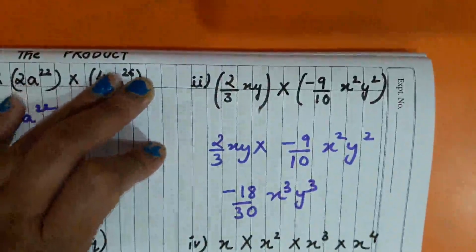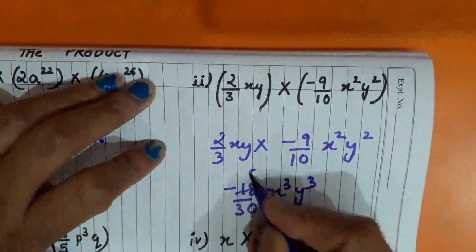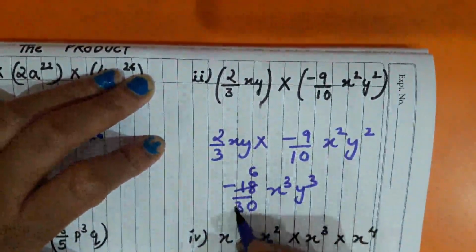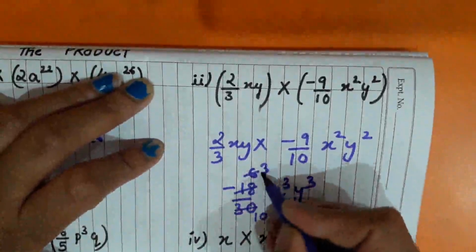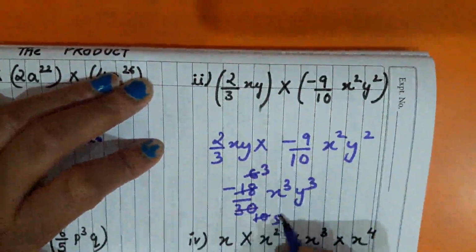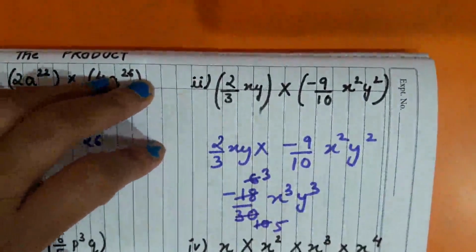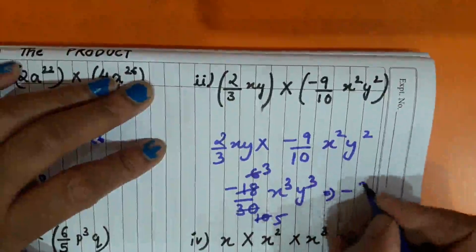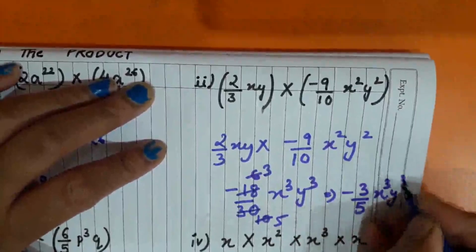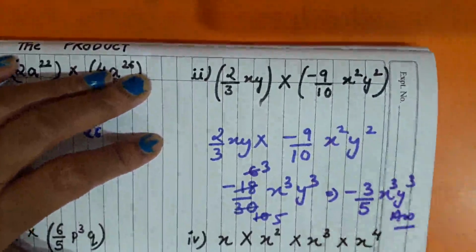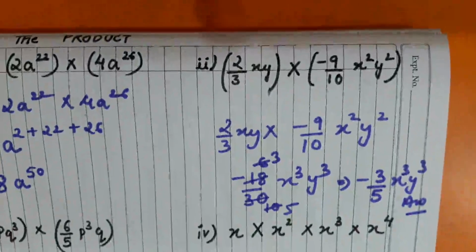Okay, so 3 sixes are 18, 3 tens are 30, 2 threes are 6, 2 fives are 10. So the answer will be minus 3 by 5 x cube y cube. So in this way you are able to solve the question.